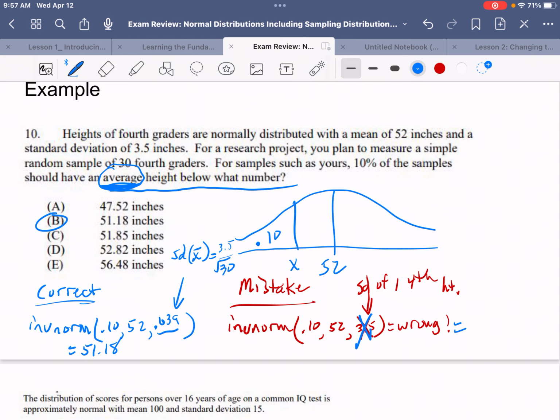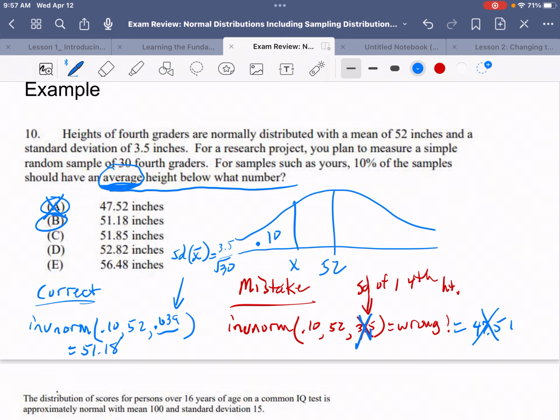Well, if I go over to this wrong one, let's see: menu, statistics, distributions, inverse normal, 0.10, 52, and I put in a standard deviation of 3.5, I get 47.51. Not realizing it's wrong, notice that it's an answer choice.